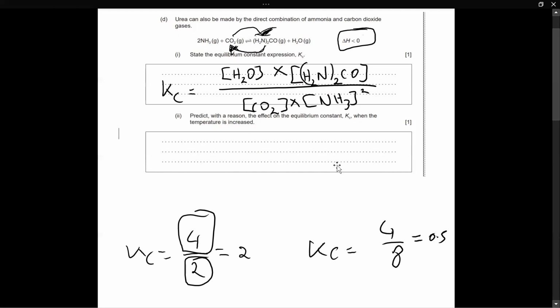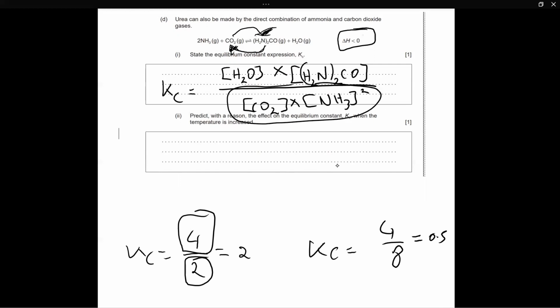And this happens because the concentration of the reactants keeps increasing, whereas the concentration of the products either decreases or remains the same, right? In this case, we are favoring the reverse reaction, meaning the concentration of the reactants is going to increase. So the denominator is going to increase and Kc is going to decrease as a result.